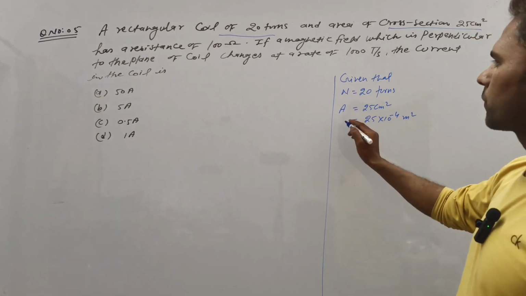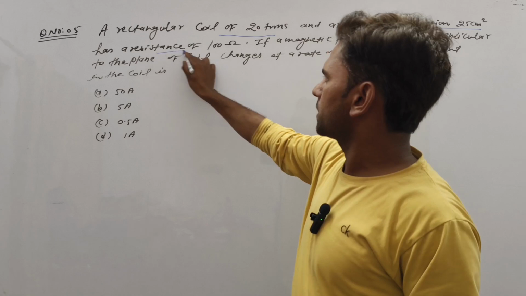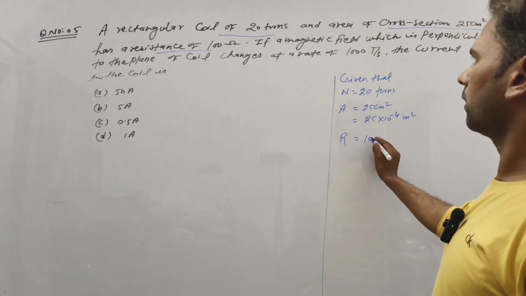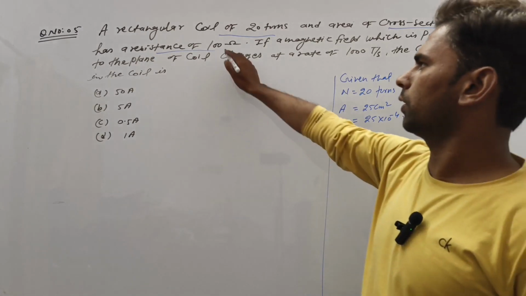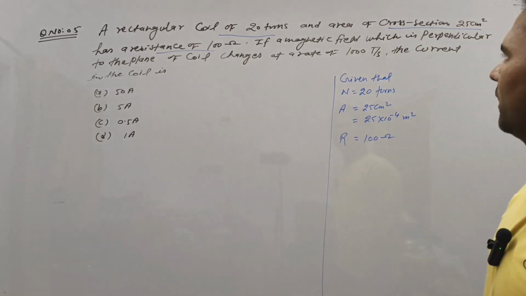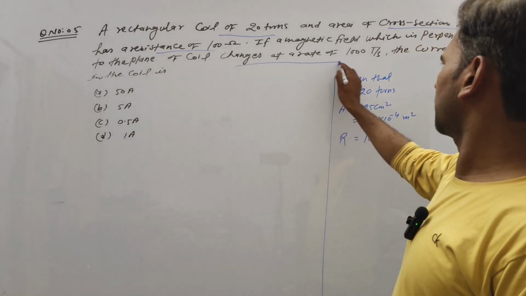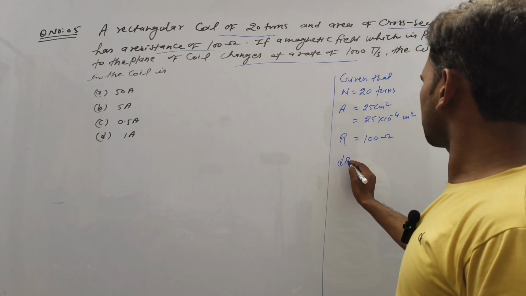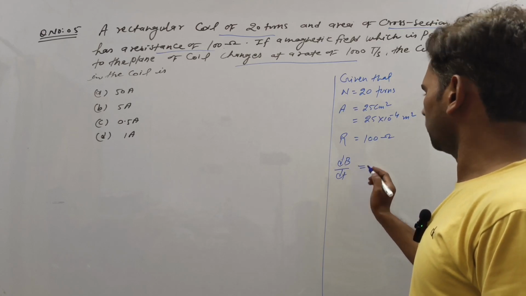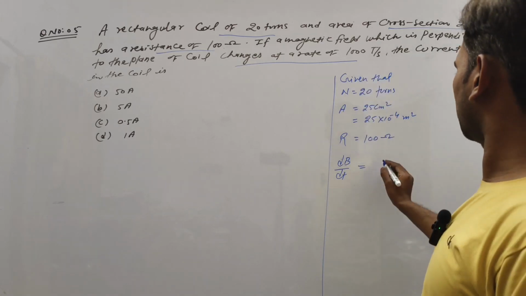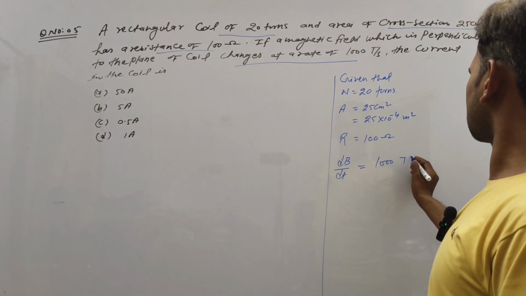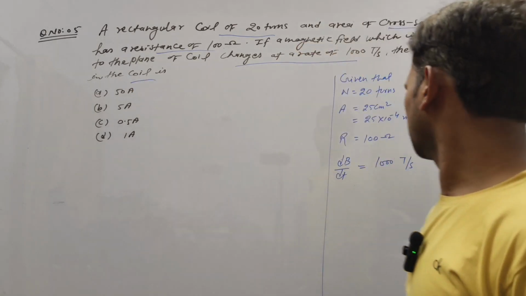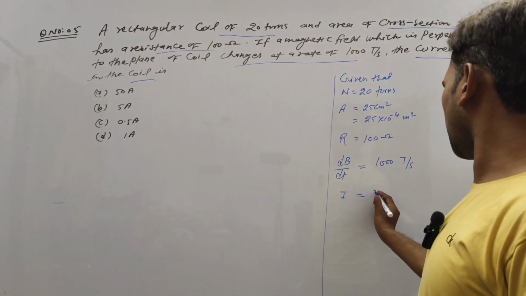Resistance is denoted by capital R, given as 100 ohm. Now they are telling the change in magnetic field, dB upon dt, given as 1000 Tesla per second. They are asking for the current in the coil.